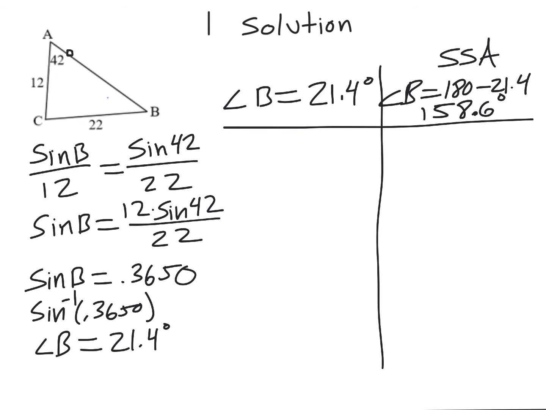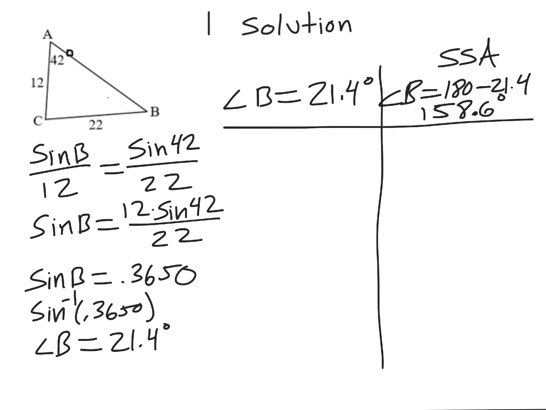So here's basically what I'm left with. This missing angle, in this side-side angle case, based off the formula, it could be 21.4 mathematically, right? 158.6, it could also be as well. And again, my diagram's not to scale, so it's kind of left as a mystery. Is this missing angle supposed to be acute or obtuse? I'm just going to proceed either way, okay?